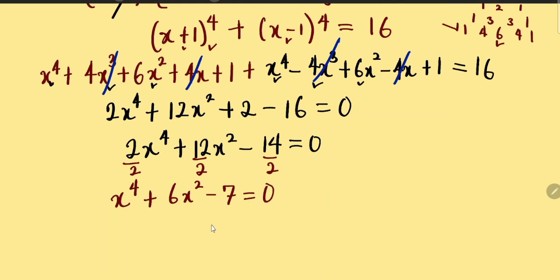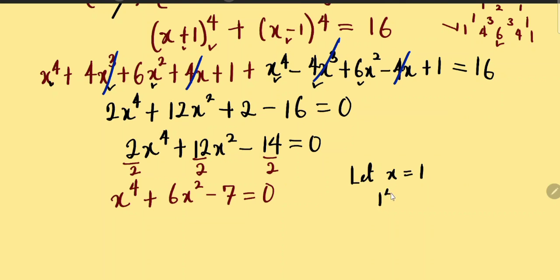So this is where we are, and on that, we can easily proceed to factorize this equation. First and foremost, for you to factorize this equation, let's use a trial and error method. That is, let's say the value of x equals 1. Let's check if x equal to 1 can actually satisfy this.